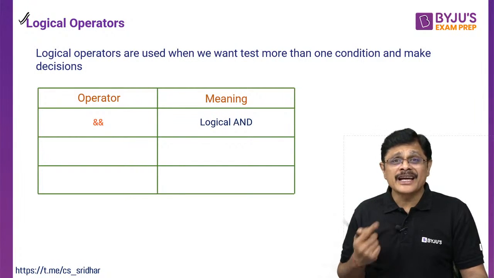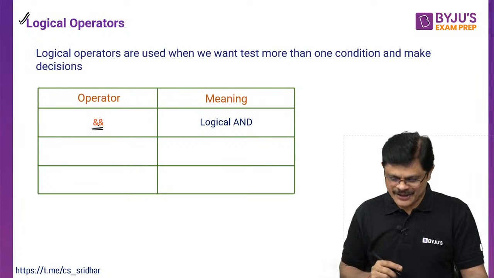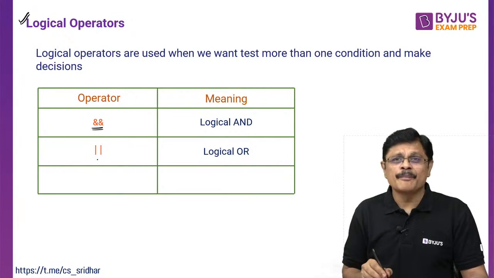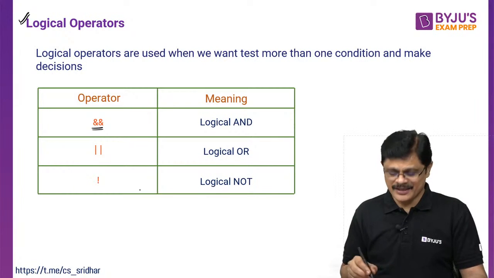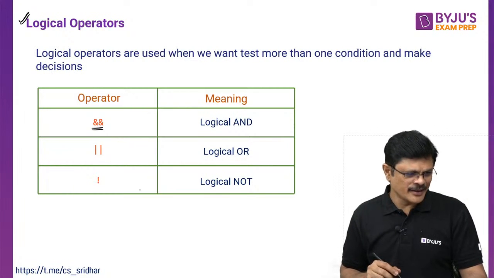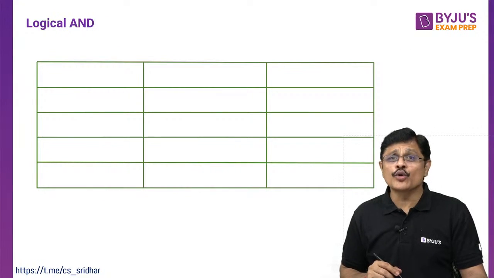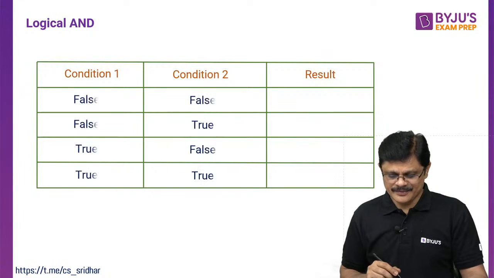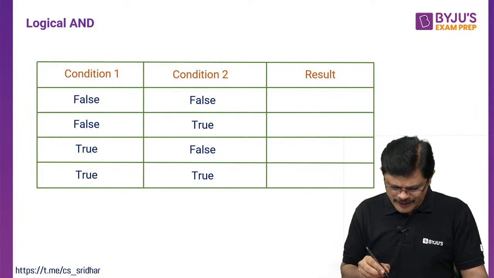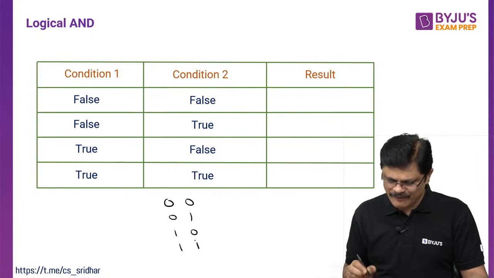Logical AND: this is the notation, sir, double ampersand. And logical OR, the double pipe symbol we are going to use for logical OR. And this is logical NOT, my dear friends. For those who do not know about logical AND, this is the truth table. Of course, false, false. If you are not happy with this, you can simply write this table as 0 0, 0 1, 1 0, 1 1.